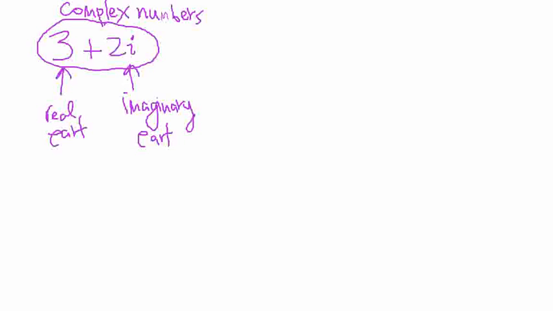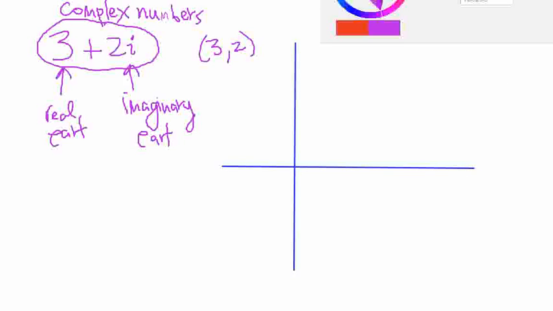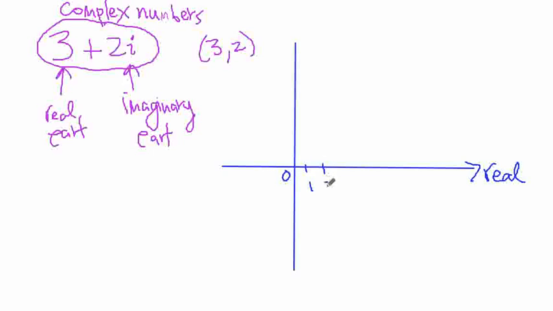Now I want to end with the following observation. Notice that that looks a lot like the ordered pair 3, 2. We take advantage of that because we can do what's called plotting on the complex plane. It's not going to be x and y. Suppose that I took the real number line, which we already are familiar with.